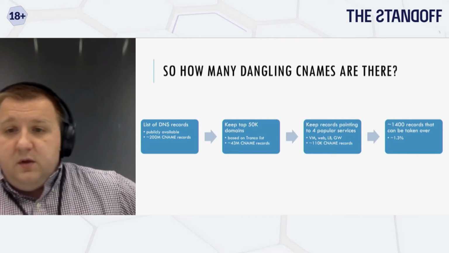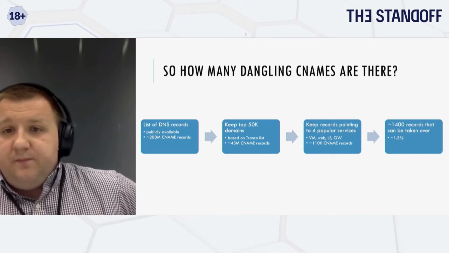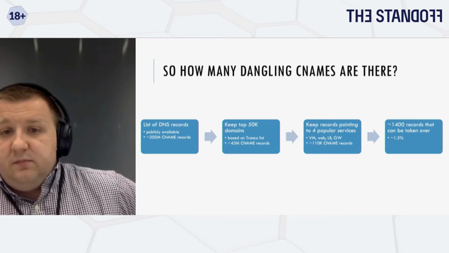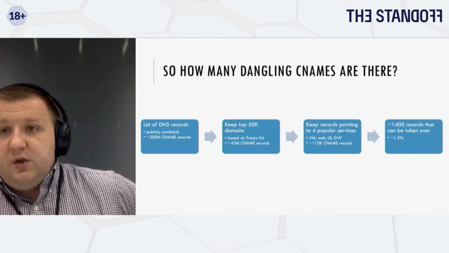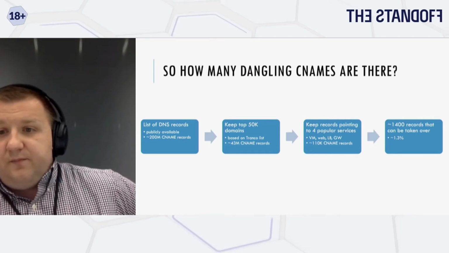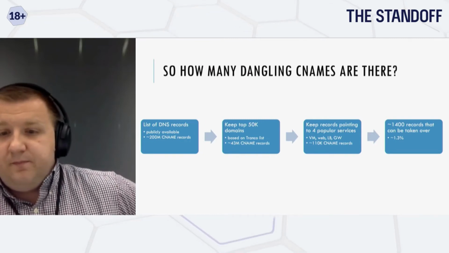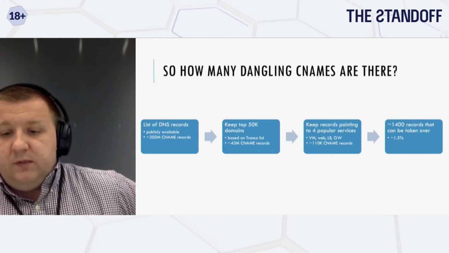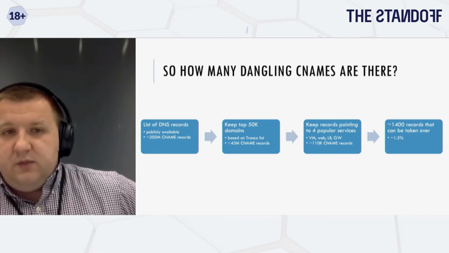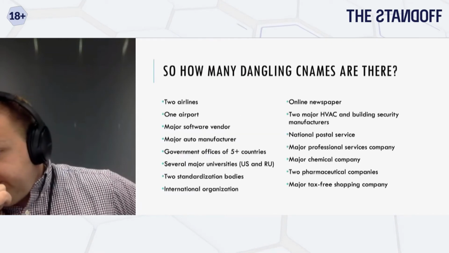After I applied this filter, only 110,000 CNAME records were left, out of which 1,400 turned out to be ripe for the taking, turned out to be dangling, which came as a shock to me.